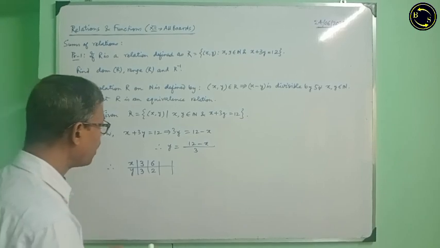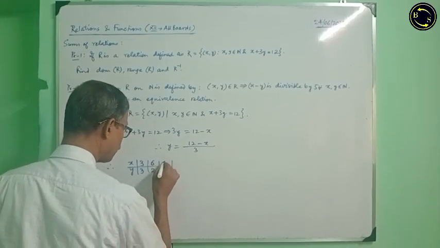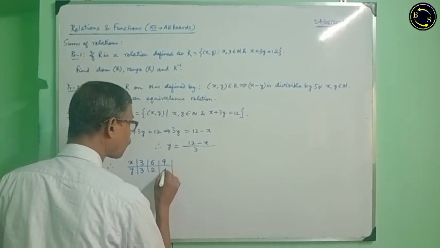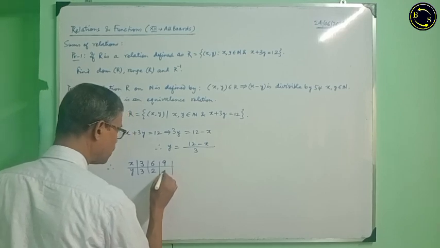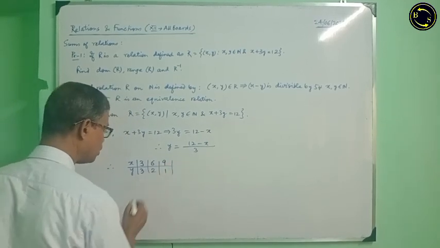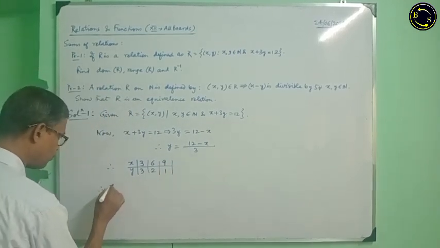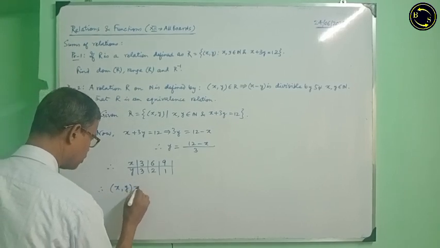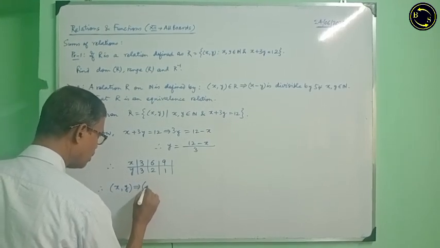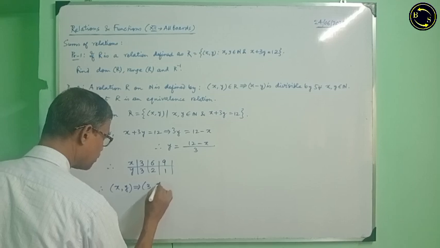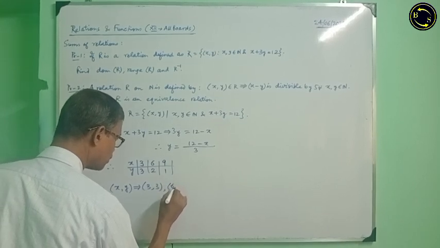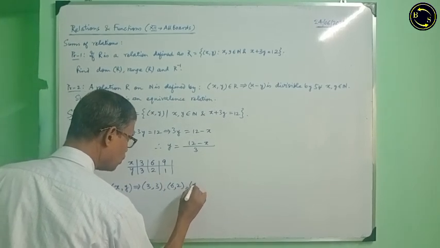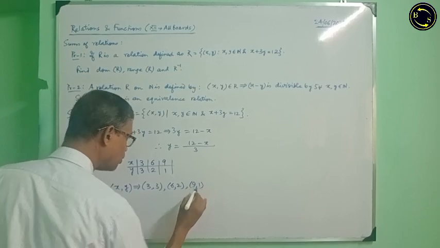Then 9, 12 minus 9, 3 divided by 3, that is 1. Therefore, ordered pairs are (3, 3), (6, 2), (9, 1).